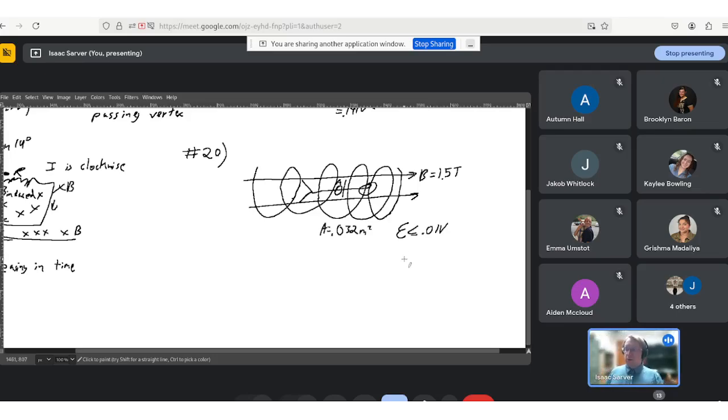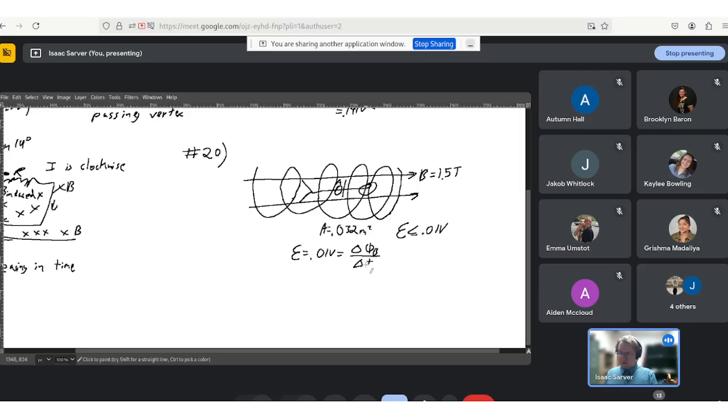So, all right. EMF is equal to 10 millivolts is equal to change in magnetic flux over change in time.